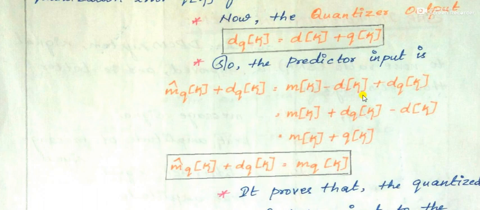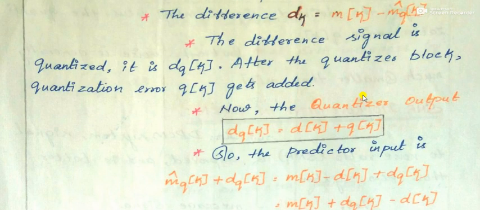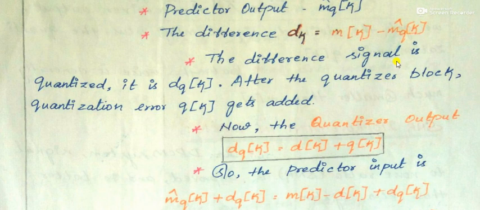How does mq of k cap become equivalent to m of k minus d of k? From the previous equation, we found mq of k cap is equal to m of k minus d of k. So we are going to substitute mq of k cap equal to m of k minus d of k.